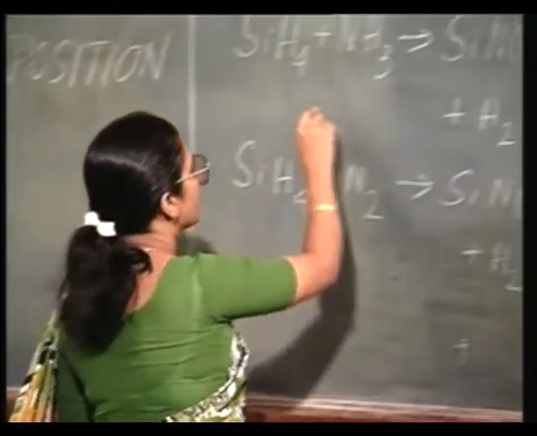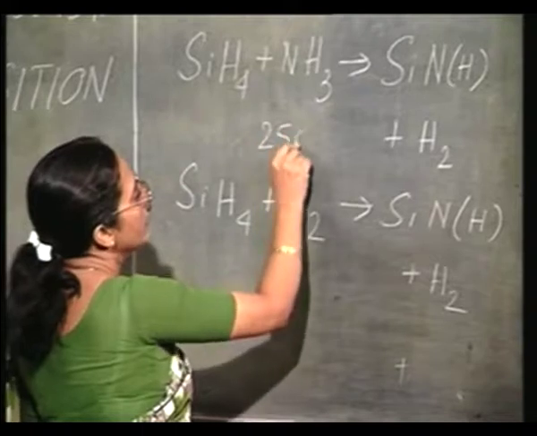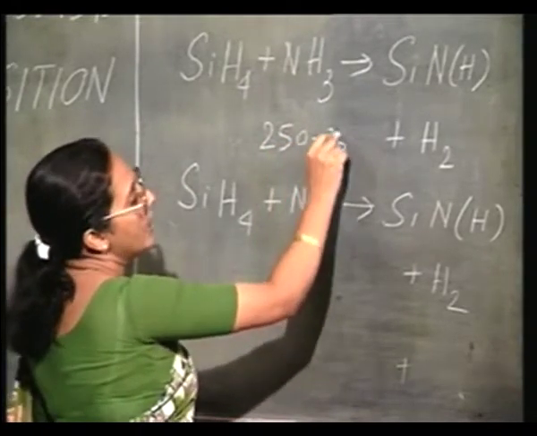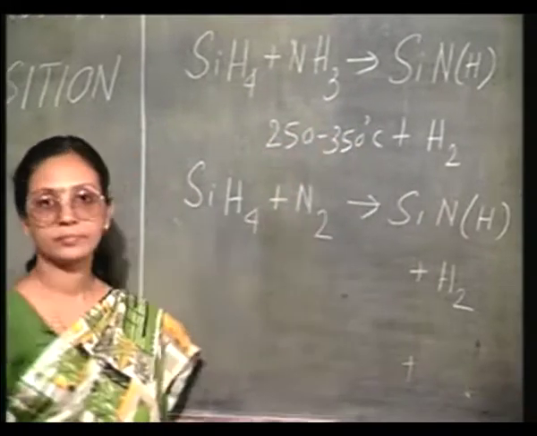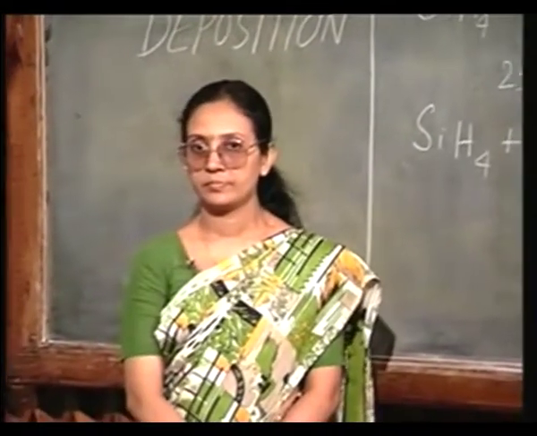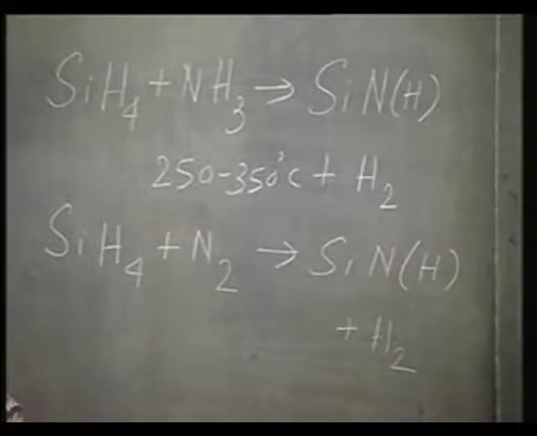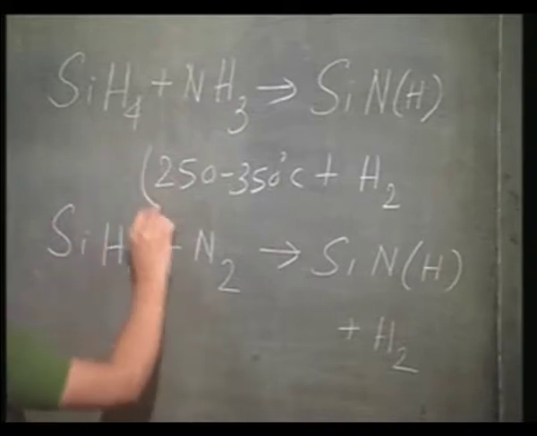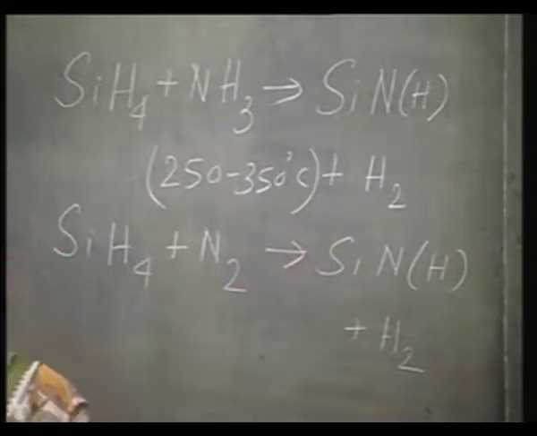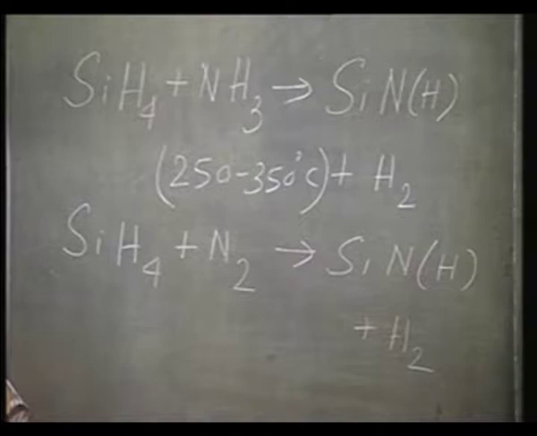That means you can safely use it even when you have an underlying aluminum metal layer. The deposition temperature is going to be 250 to 350 degree centigrade for both the reactions.